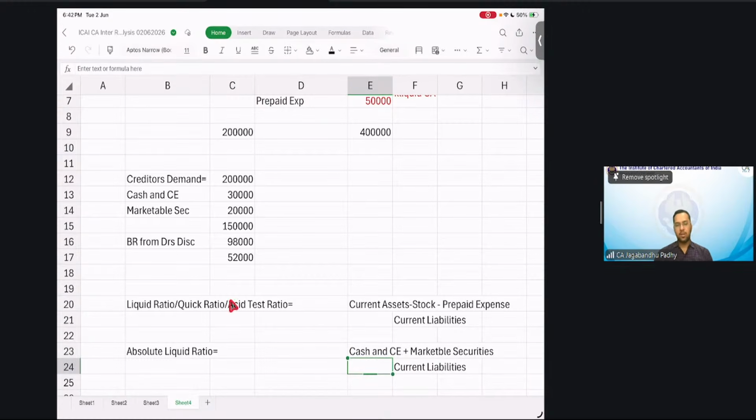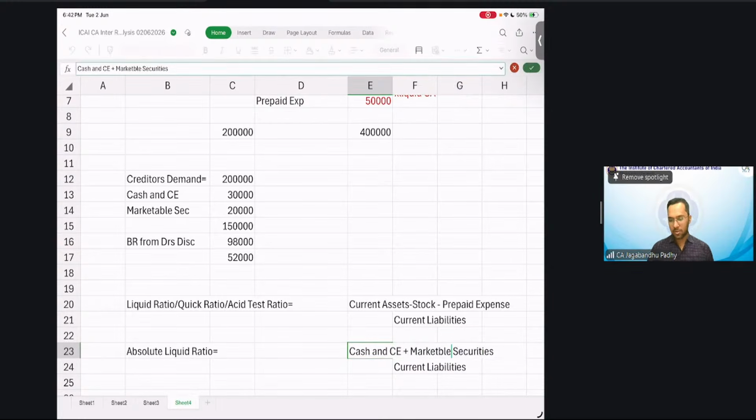So in the liquid ratio or quick ratio, we included debtors also. But when it comes to absolute liquid ratio, we're making it even more strict by including only those assets which can be easily converted to cash without any significant loss in the value.